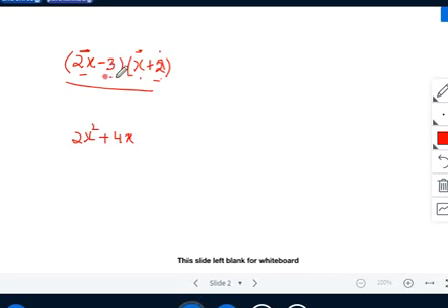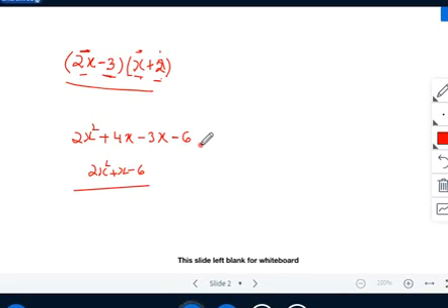Now this one is negative and this one is positive, so this will be minus 3x, because the product of one negative and one positive will give you negative. And again 3 times 2, one is negative, one is positive, so it's minus 6. So if you combine this, you get 2x squared plus x minus 6.